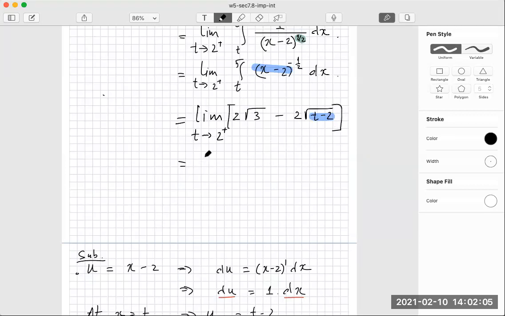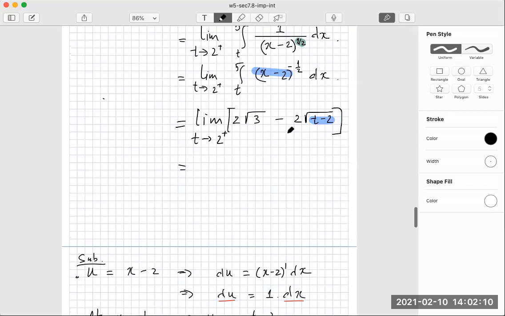Okay. Let us continue here. Then what do we have? Yes, it is 2 square root of 3 minus 0, right? Or it is simply 2 square root of 3. That's it. Okay?